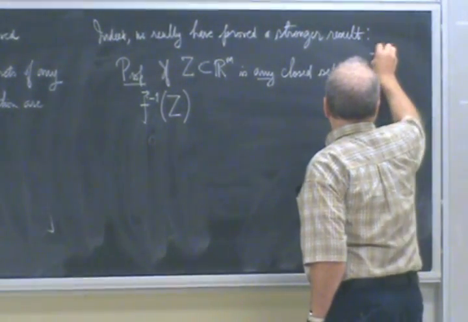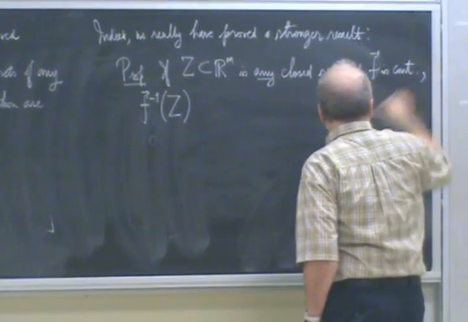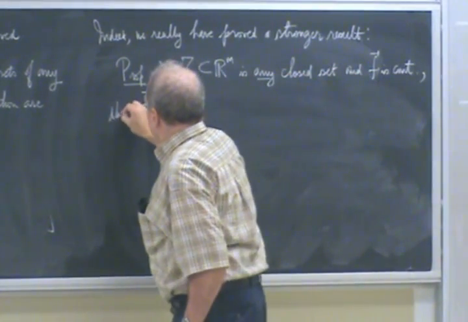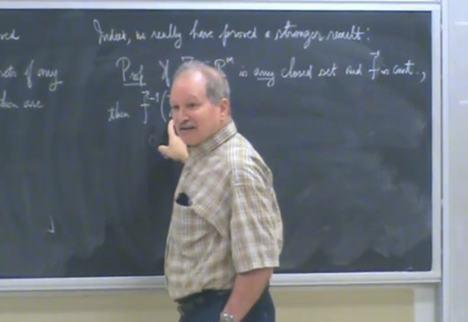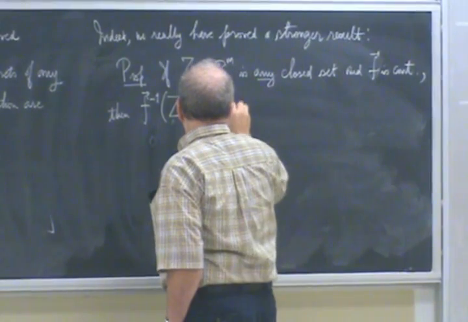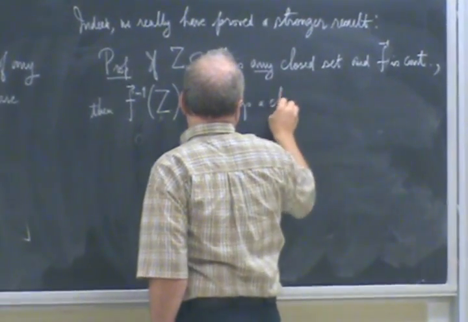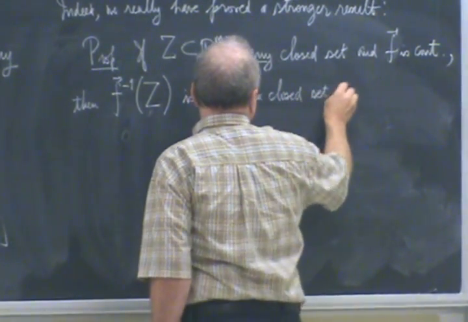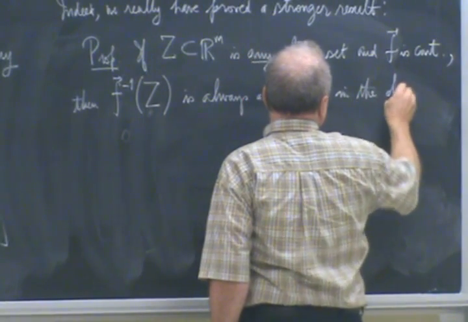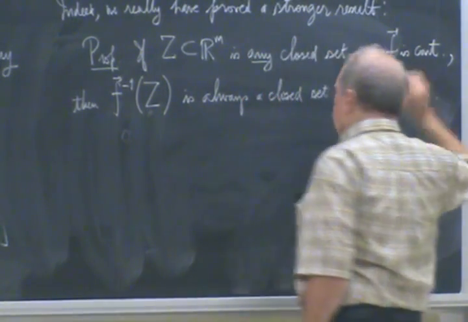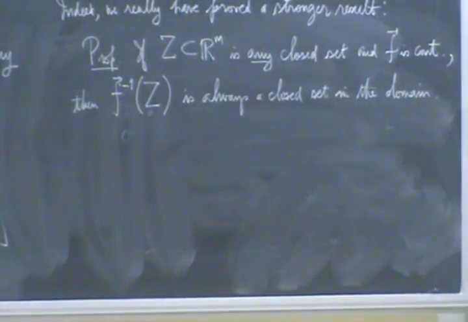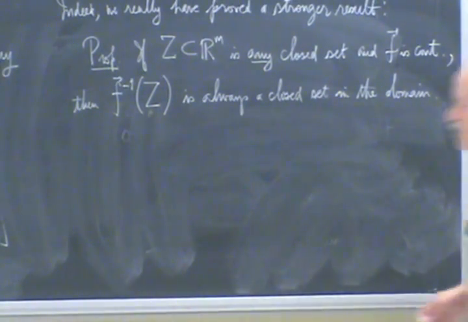Still, F is continuous. Then the preimage of a closed set is always closed. I'm generalizing the level set notion, where you just take the preimage of a point.